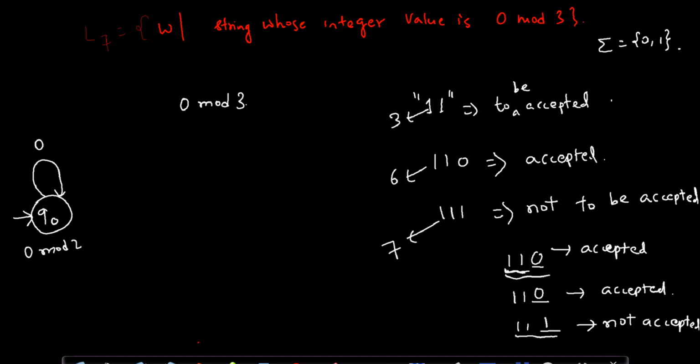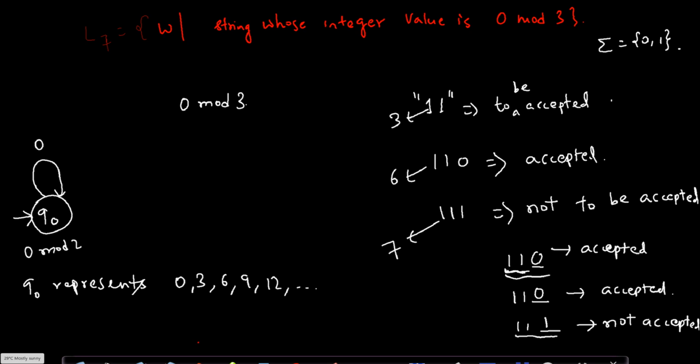It means Q0 represents the integers which are 0 or 3 or 6 or 9 or 12 and so on.